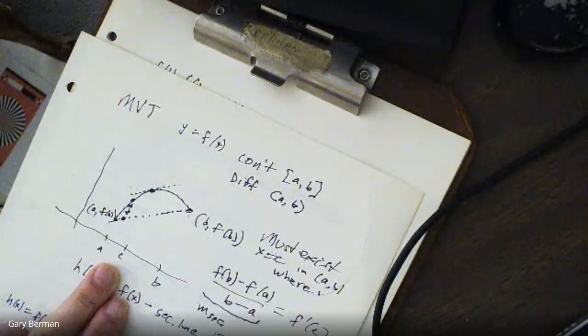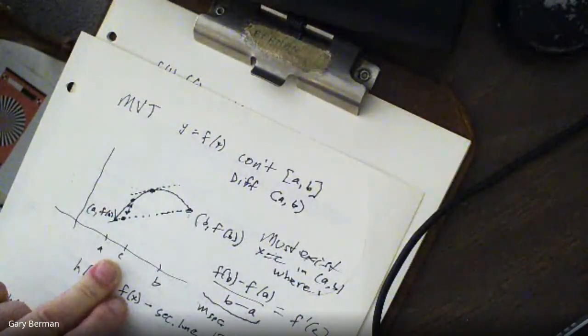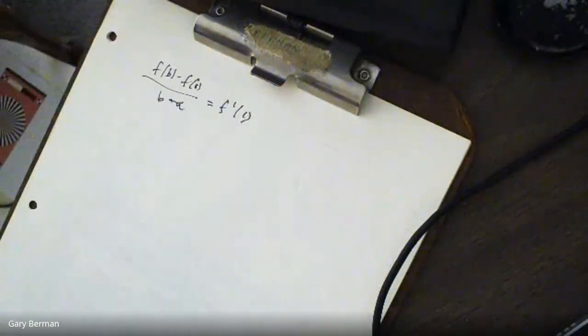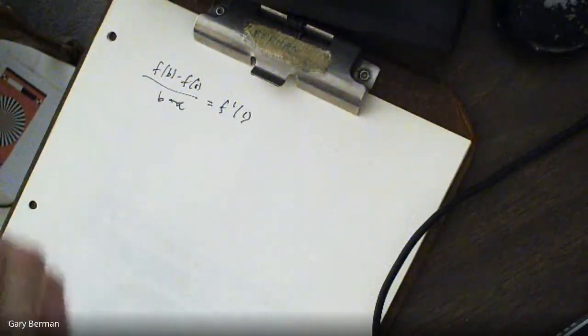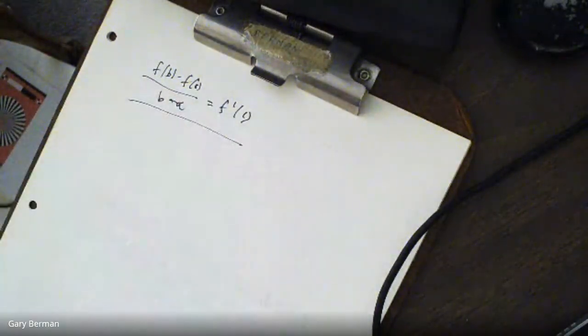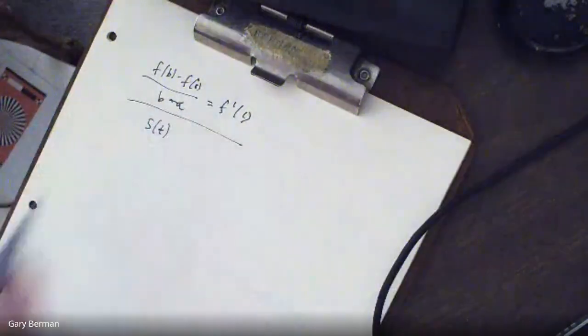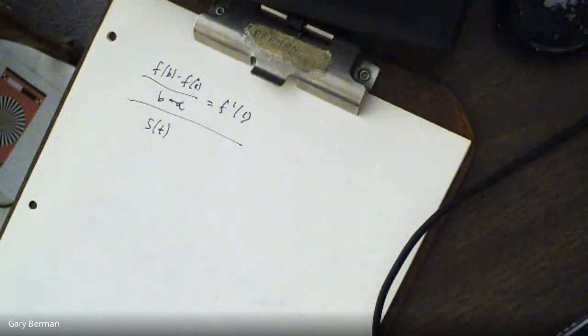All right. Now, let's look at a quick example, and then we're going to make some interesting conclusions. So here's the first example. Suppose the function I'm using is a distance function, distance in terms of time, like when we do velocity problems.